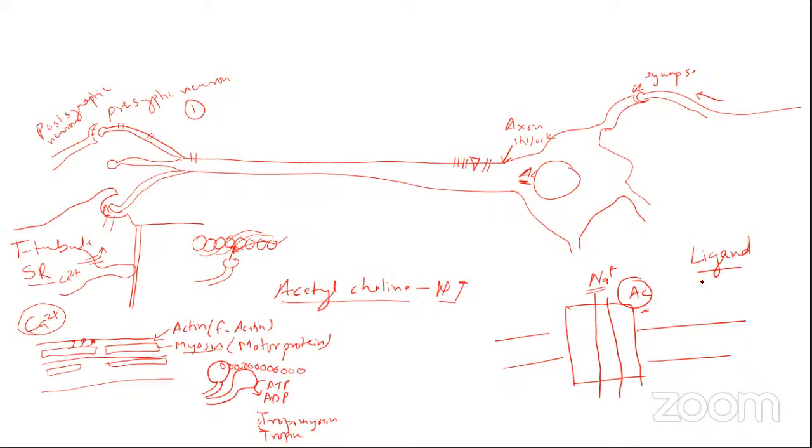Ligand is nothing but acetylcholine. So I can call them receptors of acetylcholine, or for better remembrance, I can call them ligand gated sodium ion channels.